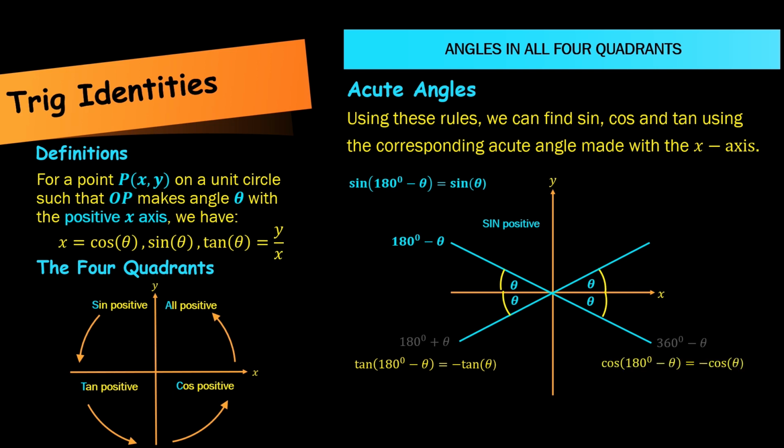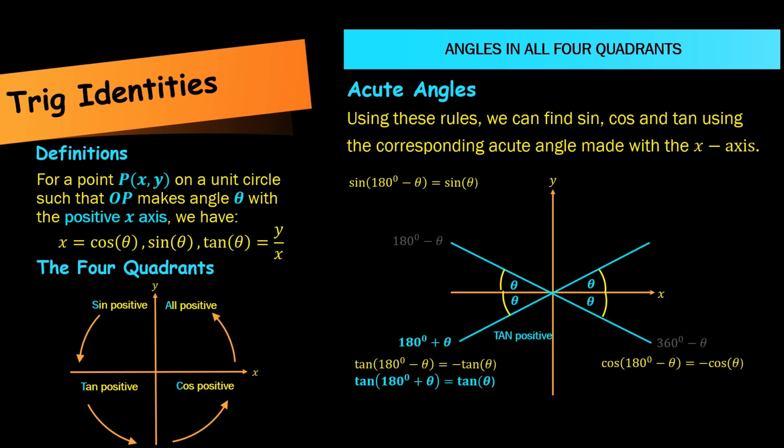And tan 180 degrees minus theta equals minus tan theta, and cos 180 degrees minus theta is minus cos theta. However, if we're considering 180 degrees plus theta, we have that tan is positive.